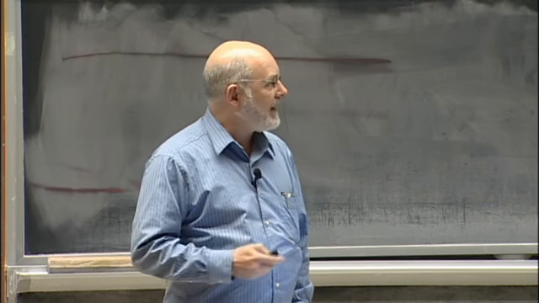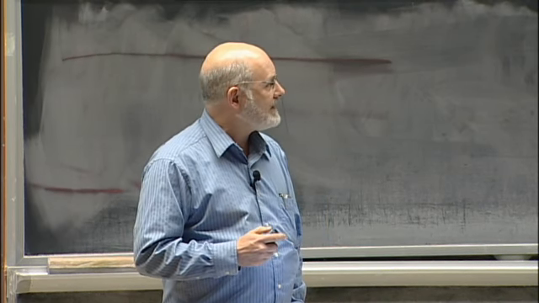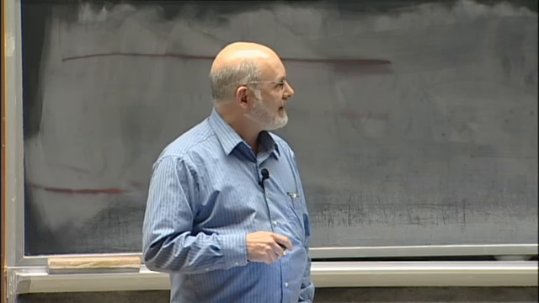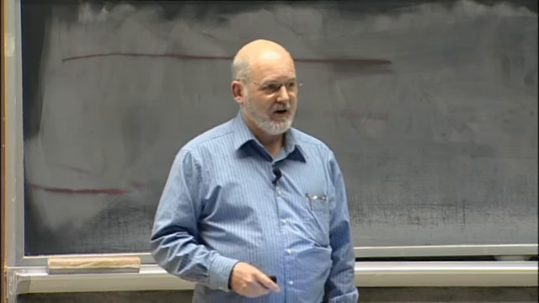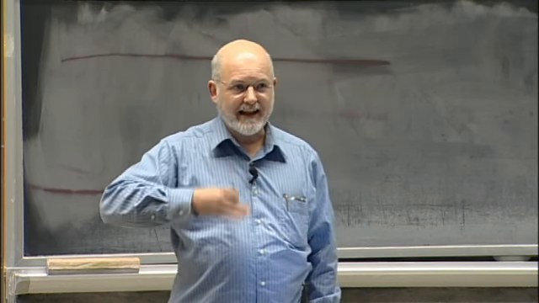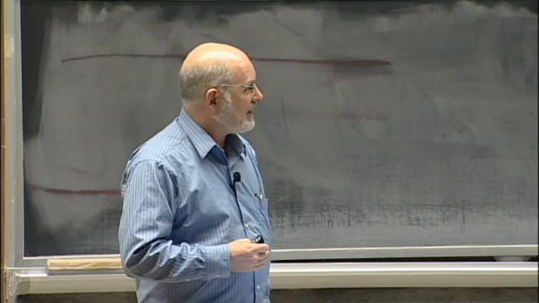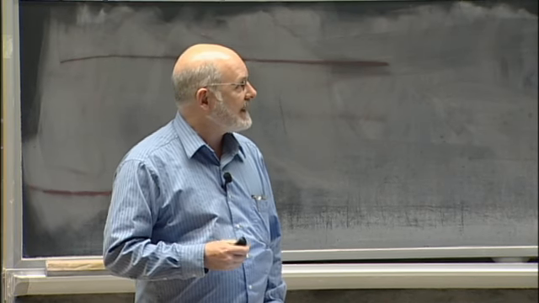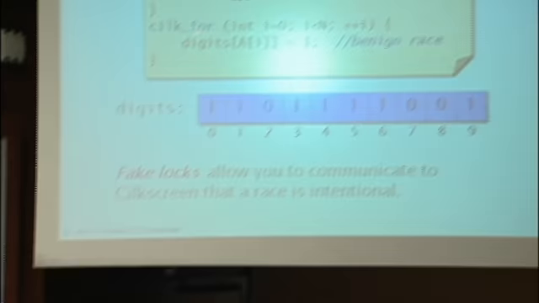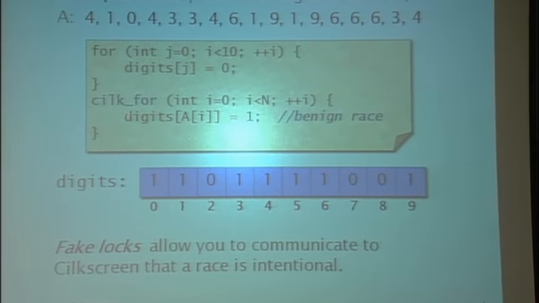So the Silk environment provides a mechanism called fake locks. A fake lock allows you to communicate to Silkscreen that a race is intentional. So what you then do is you put a fake lock in around this access here.